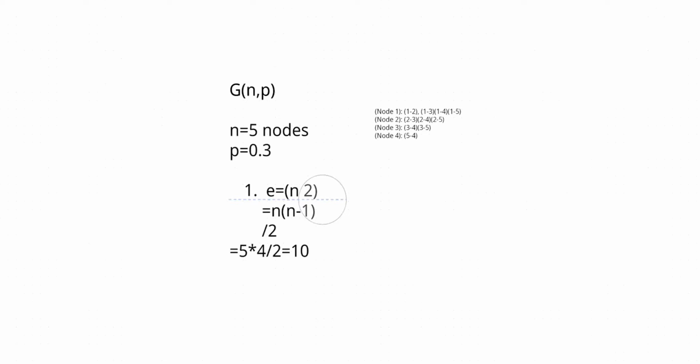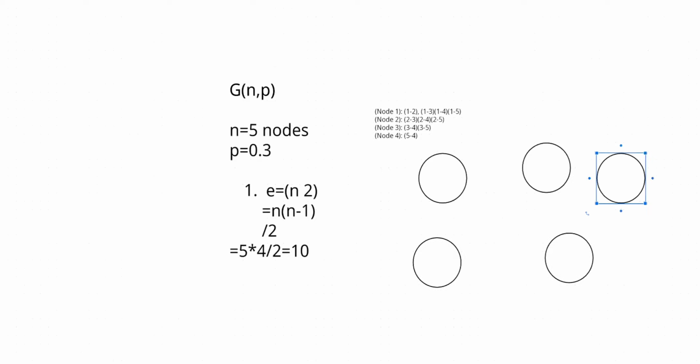So let me randomly draw a graph here of 5 nodes, with a probability of 0.3 of having edges between them. On average I should have only 3 edges between those nodes. So I can have the first topology of the network here.